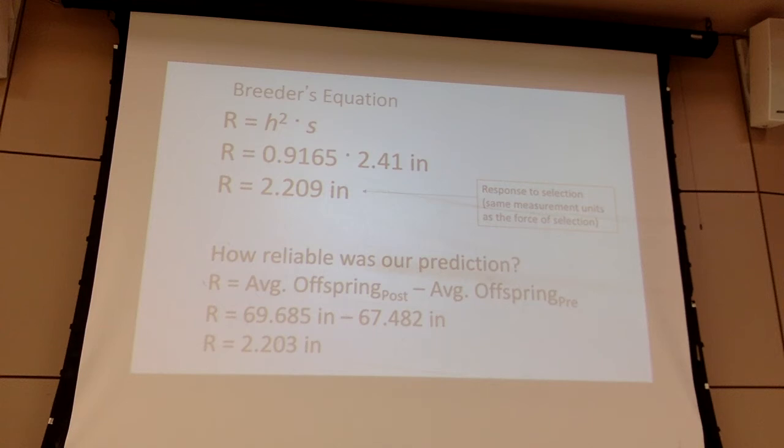Heritability is genetic variation over phenotypic variation. Phenotypic variation can be broken down into environmental variation and genetic variation. So yes, it's embedded within that breeder's equation through heritability.